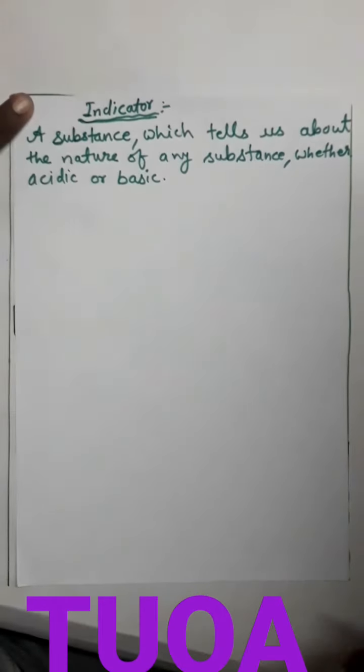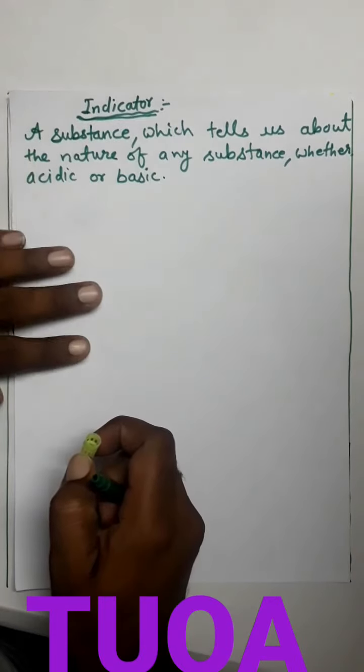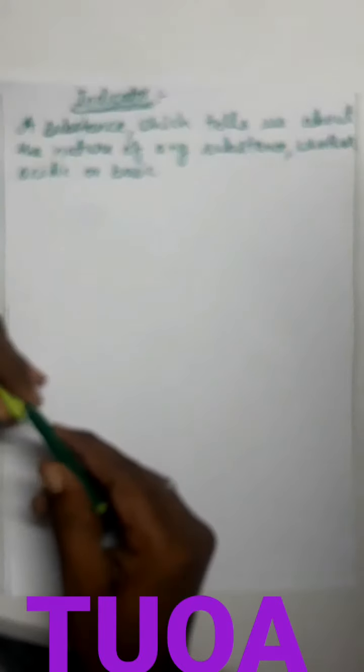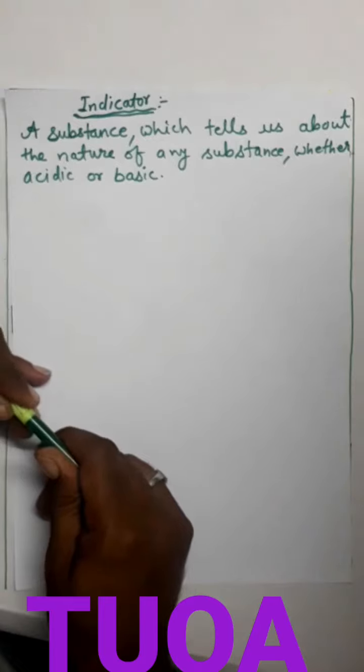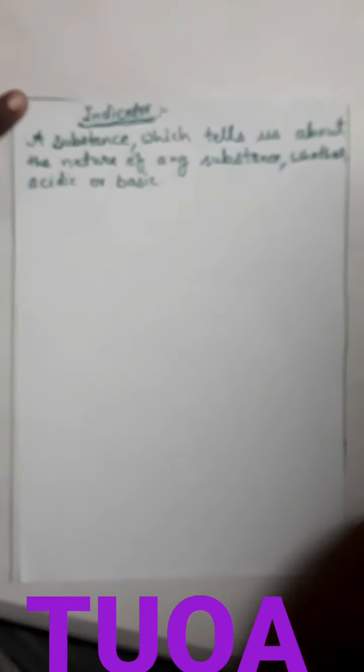This is the definition of indicator. Indicator is a substance which tells us about the nature of any substance, whether acidic or basic.